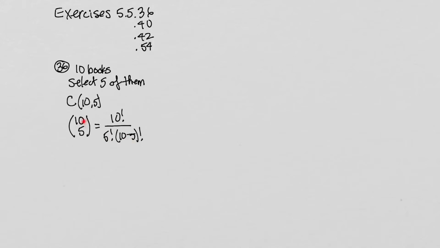So if we have 10 books altogether and we're going to use 5, then we're not using 10 minus 5. And then this, of course, is going to give us 10 factorial over 5 factorial times 5 factorial. And I'll leave you to compute this by hand or by calculator, but when I did it, I got 252 ways to do that.